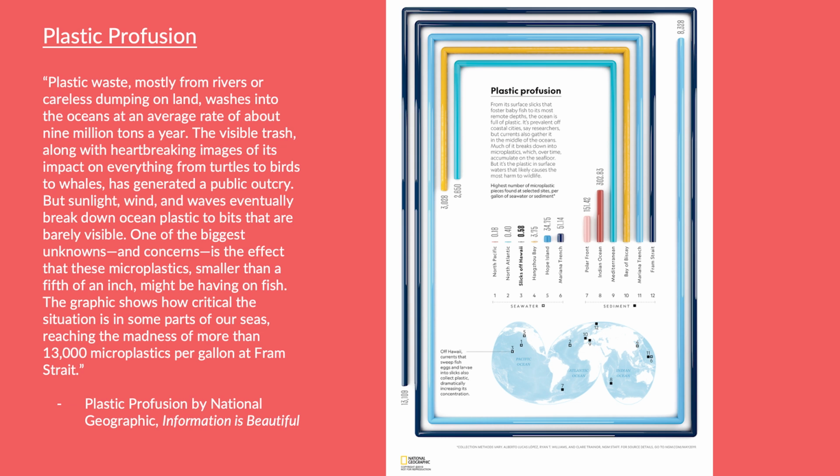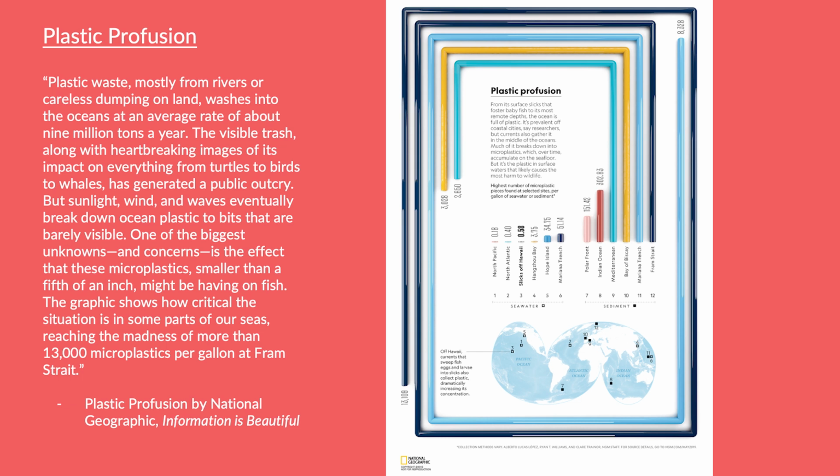So this visual is really creative because it takes the assumed boundaries of a chart and decides to play with them, right? Here we see there's so much plastic that the bar chart doesn't fit on the page and it starts to wrap around the entire page.